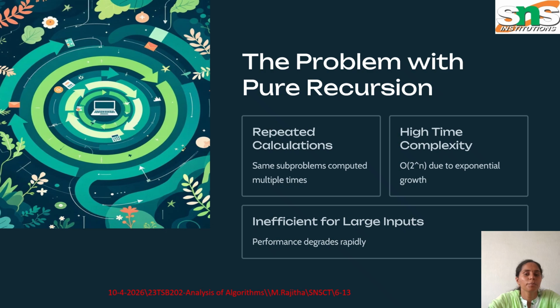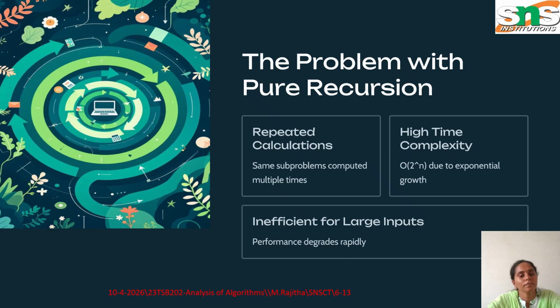So, the problem with pure recursion. Although recursion is easy to understand, it has major drawbacks: repeated calculation, high time complexity, inefficiency. Repeated calculations: the same values are computed again and again.